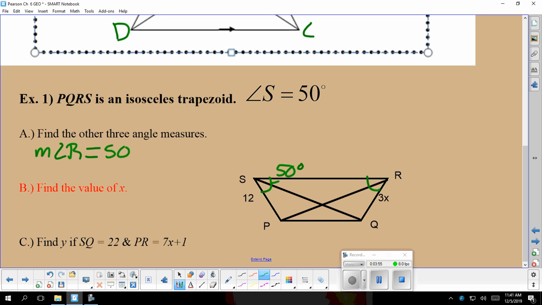We know that the sum of all of the internal angles in a quadrilateral always adds to 360. And we know these are the same measures. So 360 minus these other two angles is going to equal the sum of these guys. I'm going to call those Y just to make it nice and easy for us.